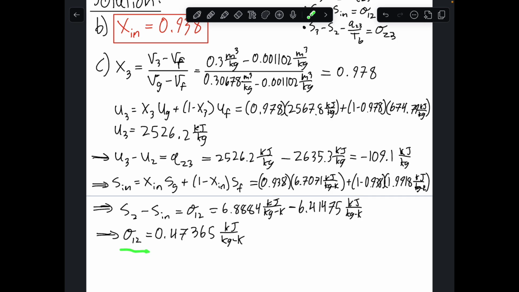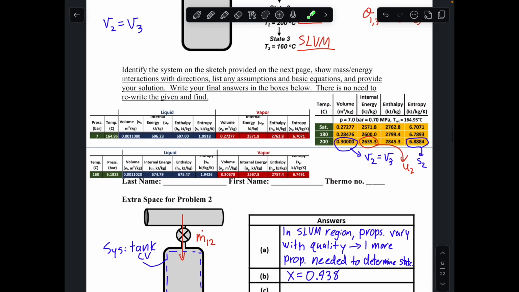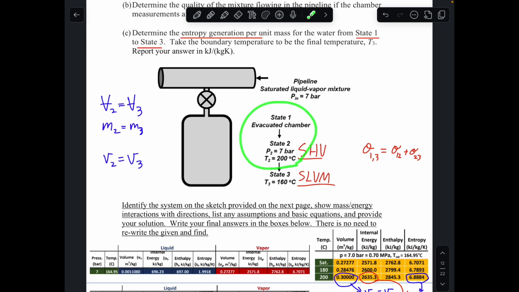Okay, we're almost there. We have the contribution of the entropy generation from 1 to 2, but remember we have some portion from 1 to 2 and then another portion from 2 to 3, so we need to find both of those and add them together to get our total entropy generation term.